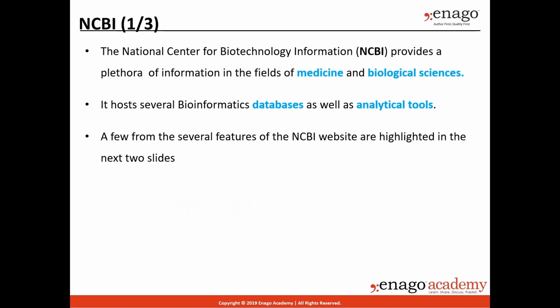Continuing our talk about NCBI, NCBI provides a plethora of information in the fields of medicine and biological sciences. You can use it for databases, books, publications, etc. It hosts several bioinformatic databases and analytical tools. A few from the several features of the NCBI website are highlighted in the next two slides.